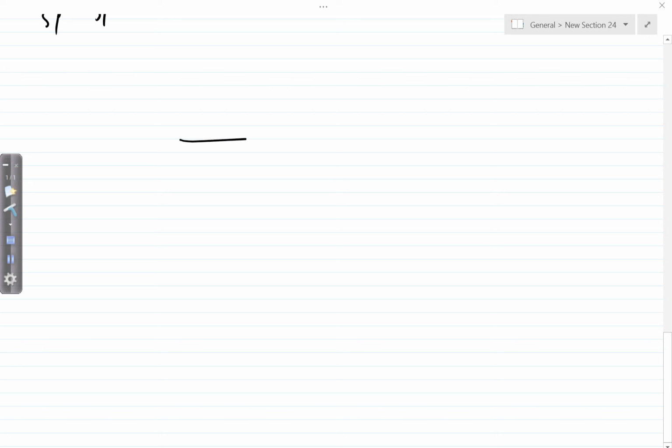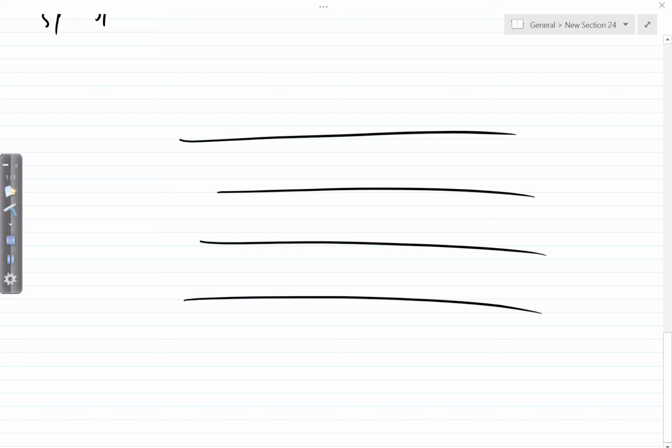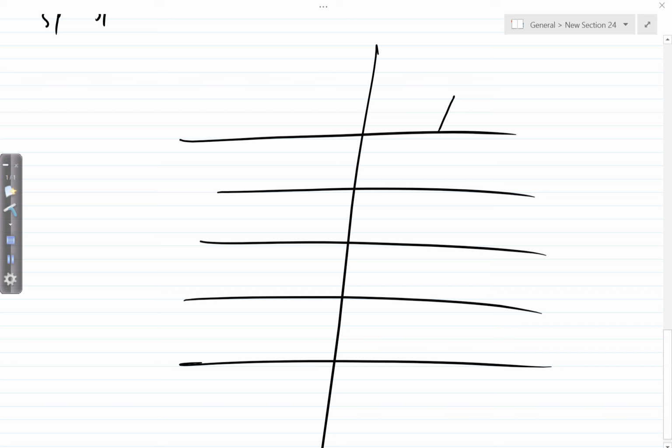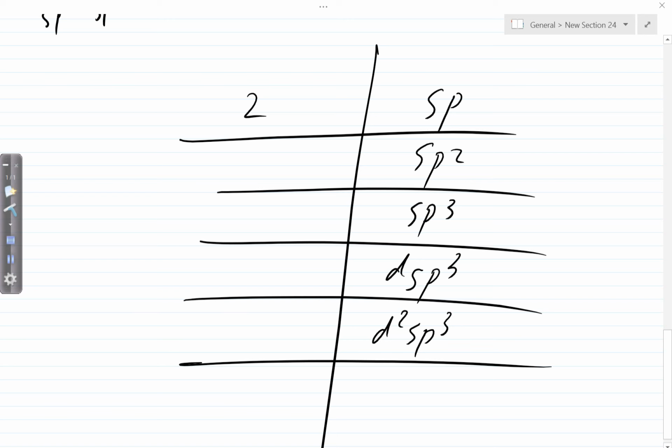It's actually very easy. Remember, you start with sp, sp2, sp3. After all your s and p orbitals are used up, you just go dsp3, d2sp3, and so on, right? So for sp, you will need a total of 2 hybridized orbitals, then 3, 4, 5, 6.